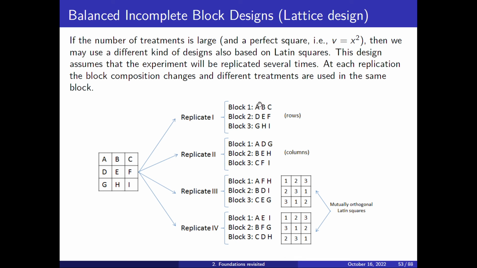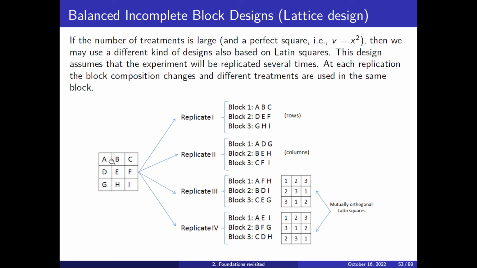So in the first replication we take the blocks from the rows of this one. Now we replicate, we change the configuration, and for instance now we do it by columns, so ADG, BEH, CFI. And then we replicate it again, and now we have AFH, that is this.